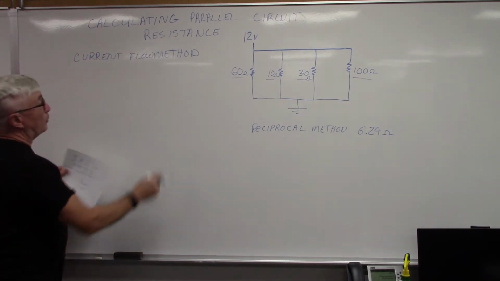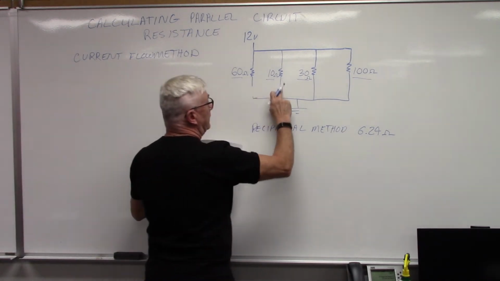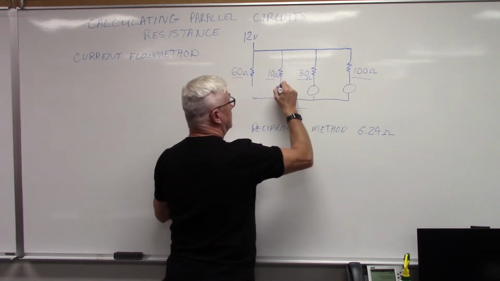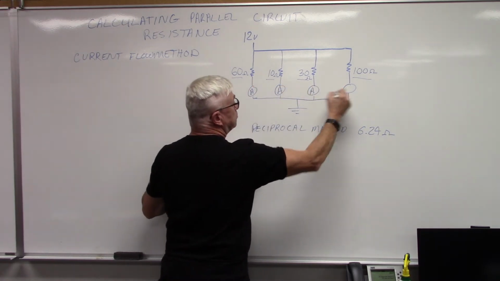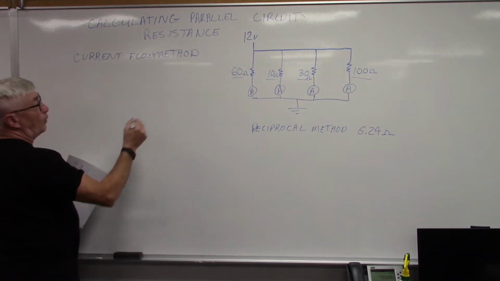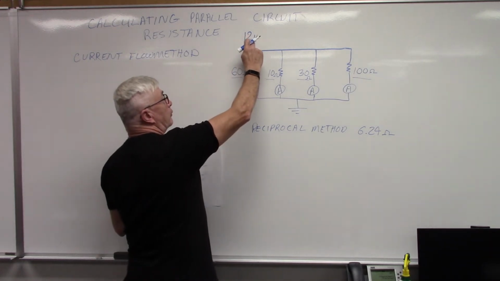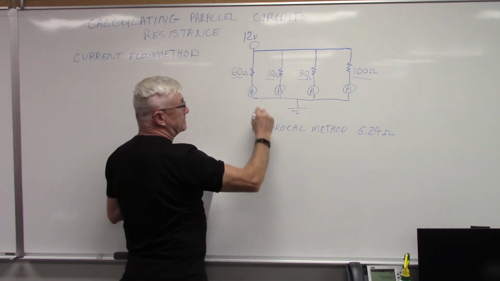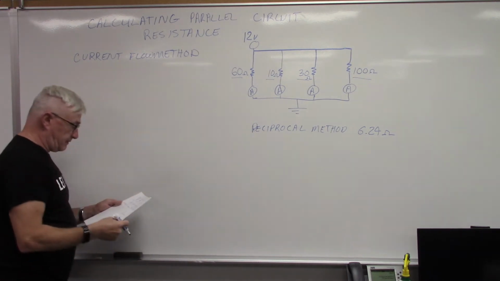Essentially what I'm going to do is draw an amp meter in each branch or leg of my circuit. We're going to use Kirchhoff's law to help us figure this out. Whatever current is coming out of here will be divided based on the resistance, or we can use the total current to divide into 12 volts to get the total resistance of this circuit.